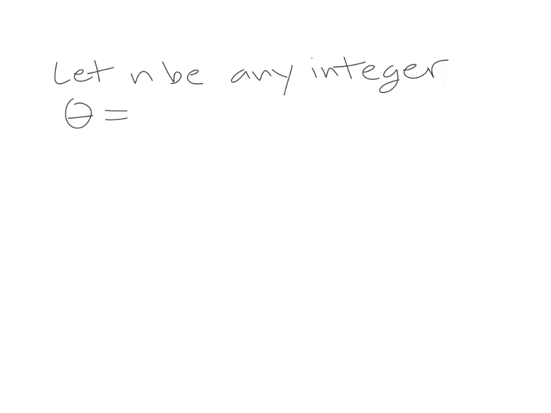So if we say theta equals pi over 6 plus 2 pi n, that means any angle that is coterminal to pi over 6. So pi over 6 plus 6 pi, pi over 6 minus 100 pi, that includes everything. And you don't need to say plus or minus 2 pi n because integers can be negative. So you can say plus or minus, but it's redundant. So, right, this includes negative multiples of 2 pi as well.